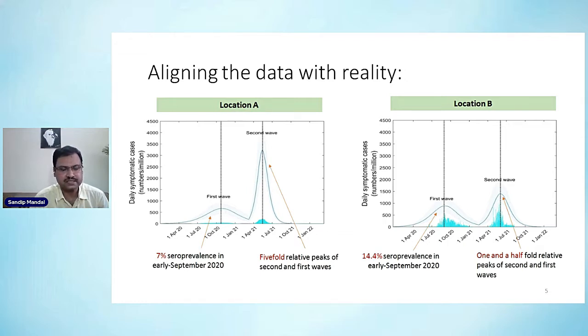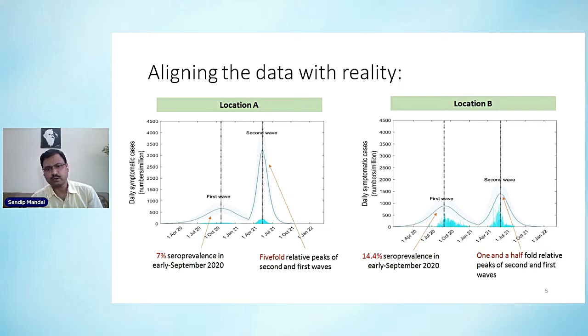See the left-hand side figure, where the blue line curve with the uncertainty interval shows the first wave peak and second wave peak. The bar plot at the bottom, the greenish one, shows the reported number of cases per day.